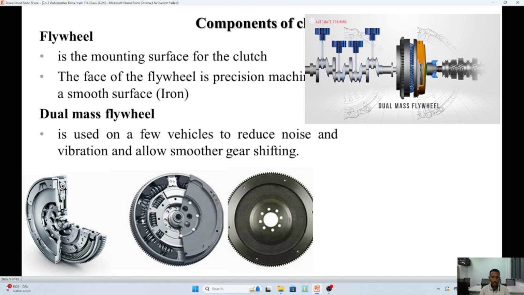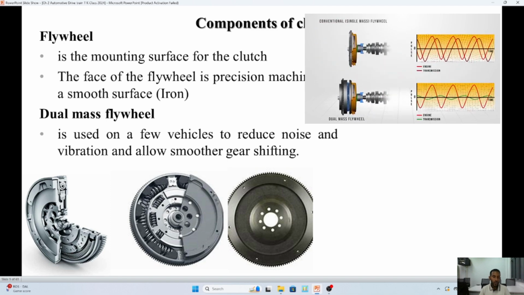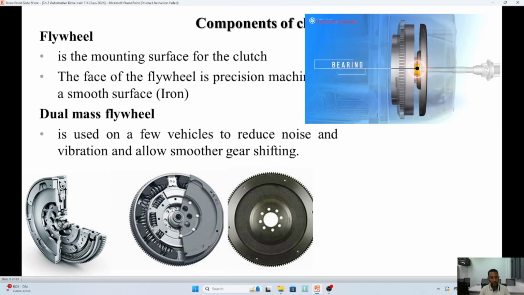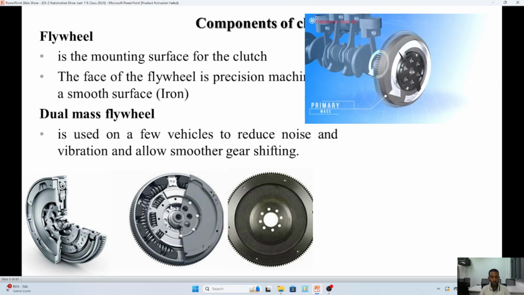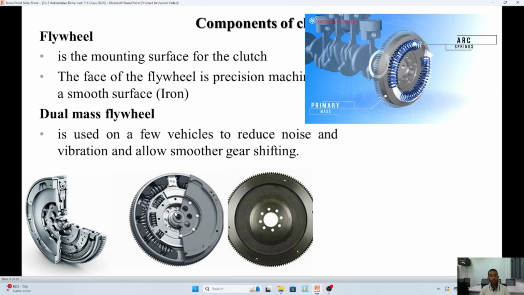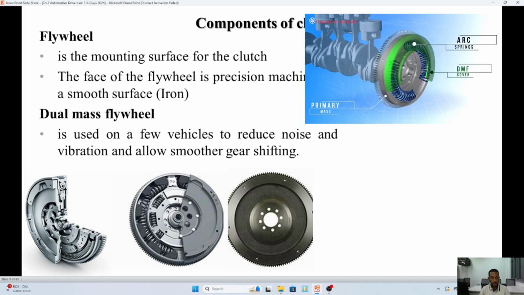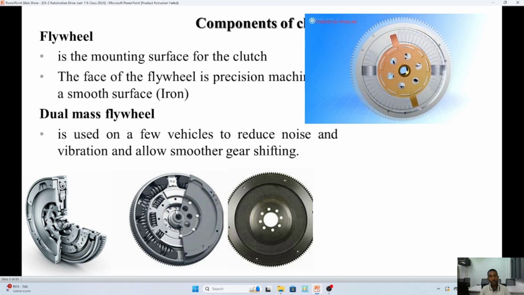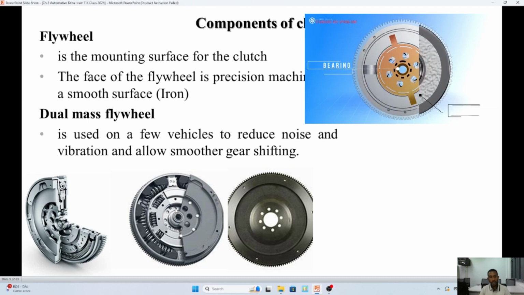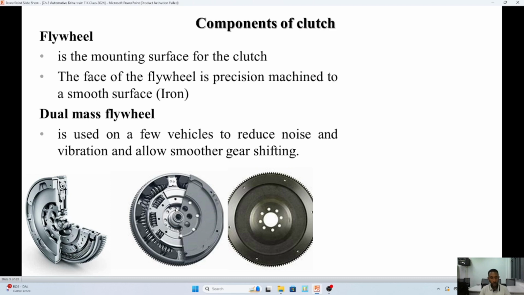These springs allow smooth transmission of torque, or reduce the torsional stress passing from the engine to the gearbox, or from the gearbox to the engine. Mostly the engine operation is not smooth, so these springs allow smooth torque transfer from the engine to the transmission. As we know, springs absorb sudden motion of the torsional force.